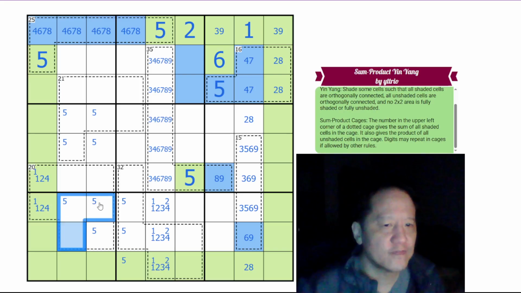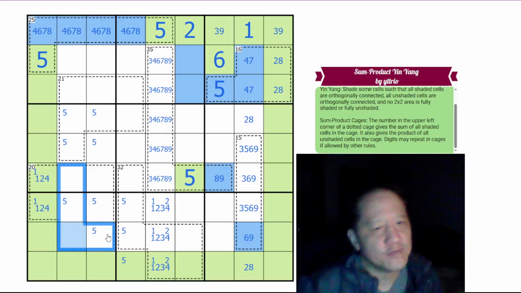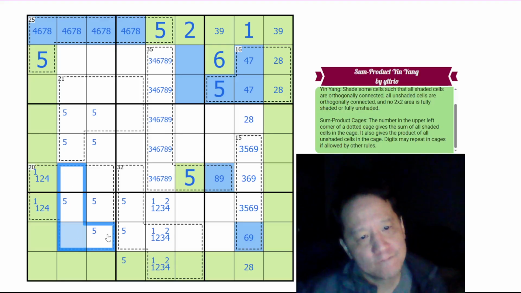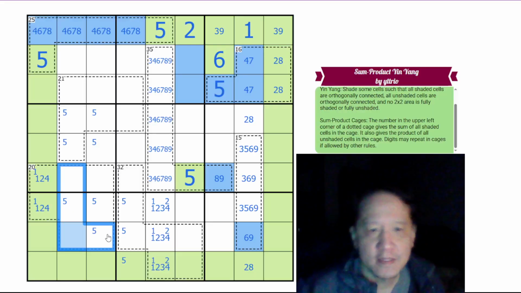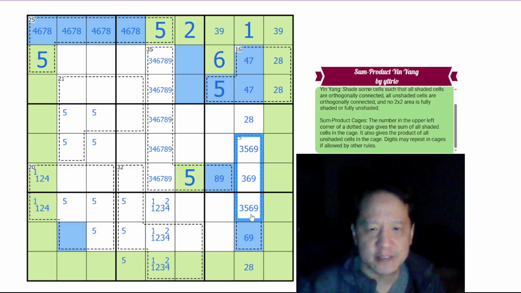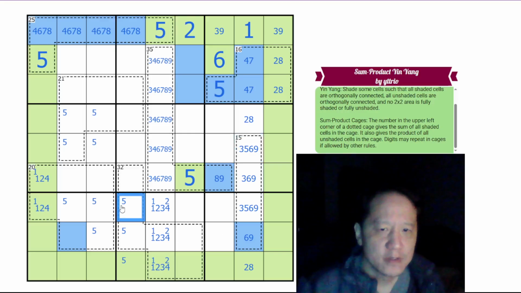So one of these is guaranteed to be green. You could have all of these be blue. That is possible. Okay, so maybe that's not helpful there. 5. So this could be 3.